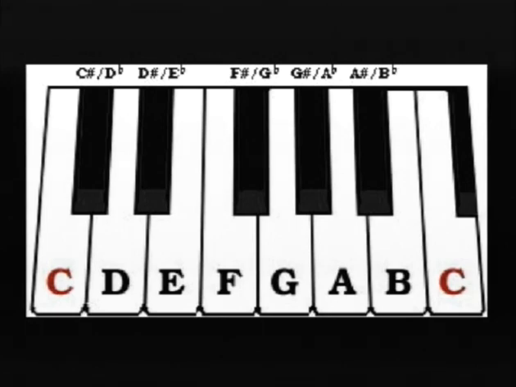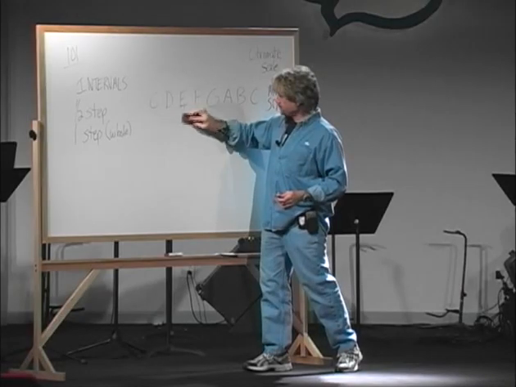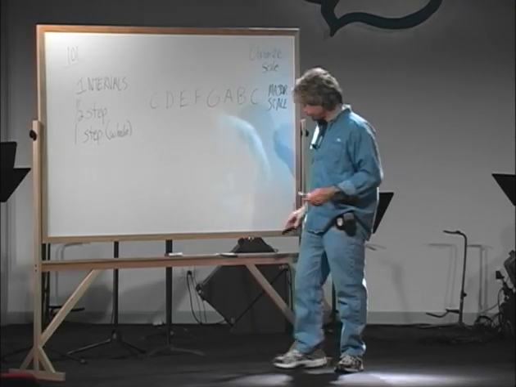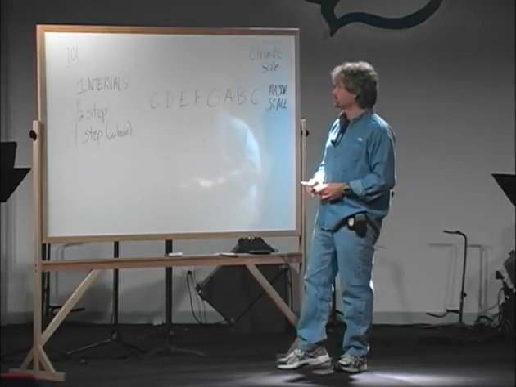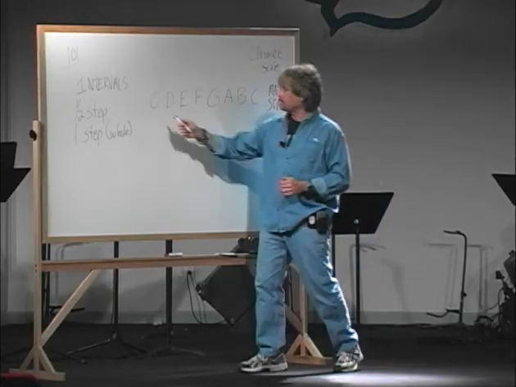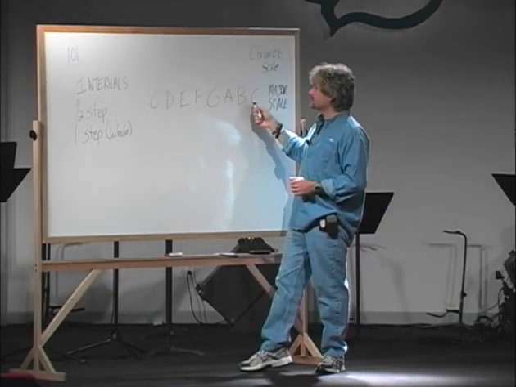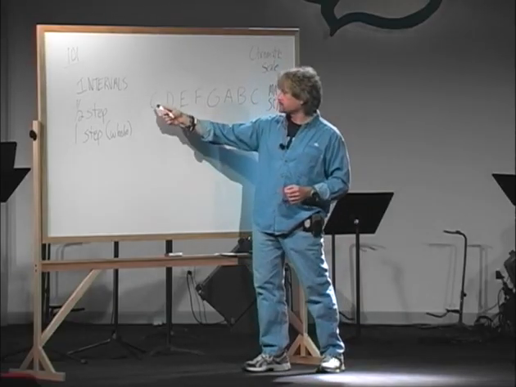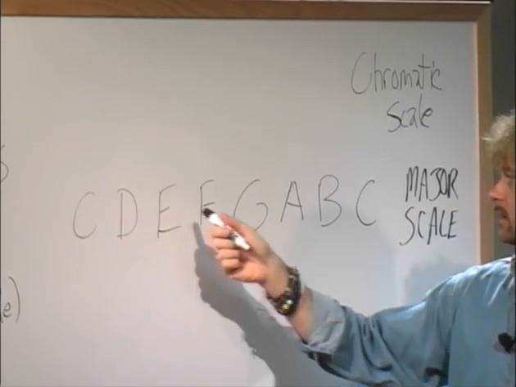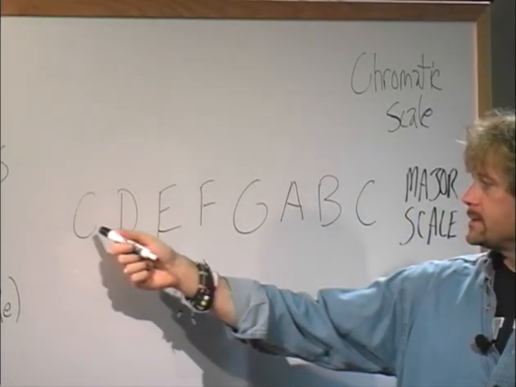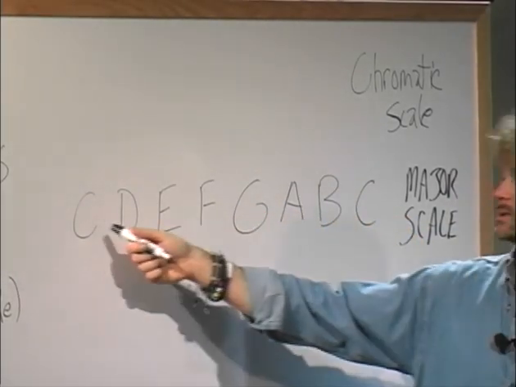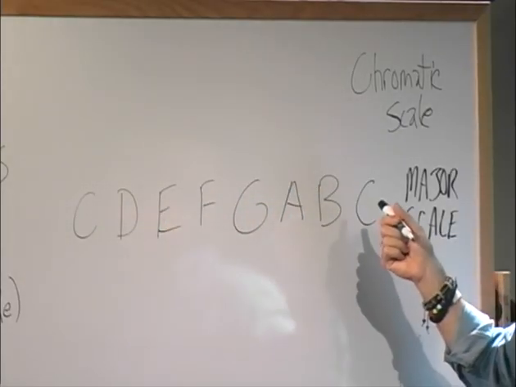Now the C major scale is unique in that it has no sharps, no flats. All the notes are natural, is what we would say. But in looking at it, now we can see the C major scale is C, D, E, F, G, A, B, C. We can see the intervals that are established through this scale, which will hold consistent with other scales.